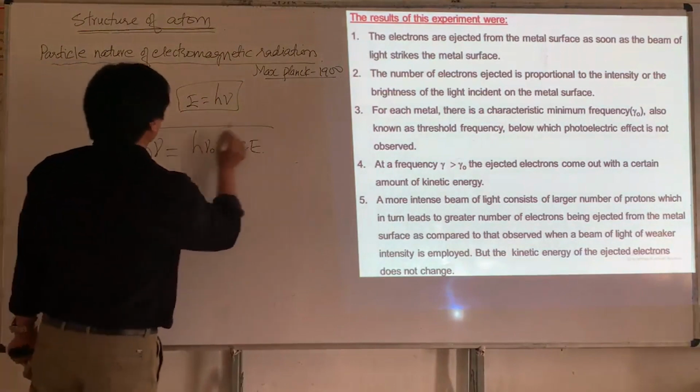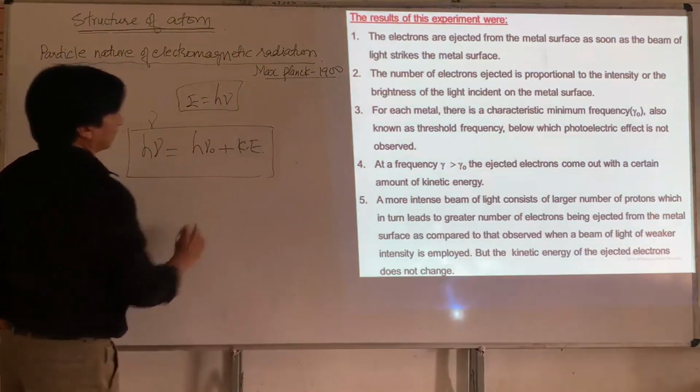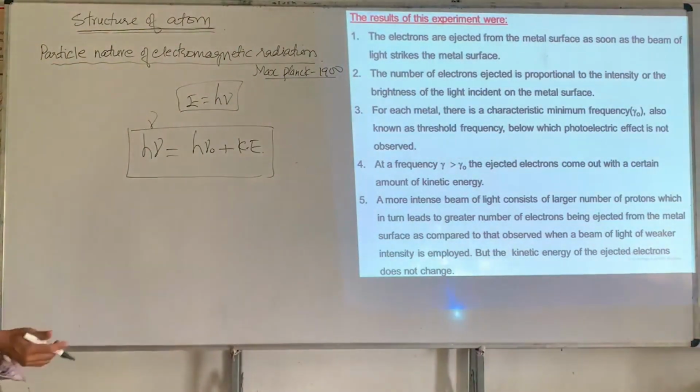And this is the explanation given by Albert Einstein.